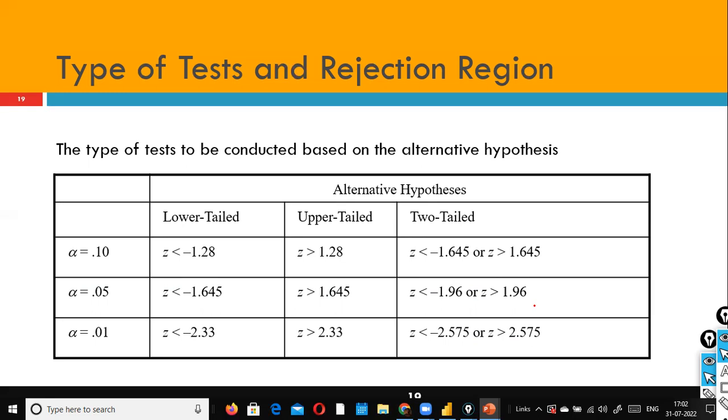So we have something called alpha values. The alpha is the level of significance, and 0.05 is the one generally used. How many of you remember the confidence level which I discussed yesterday? Not the confidence interval, the confidence level.